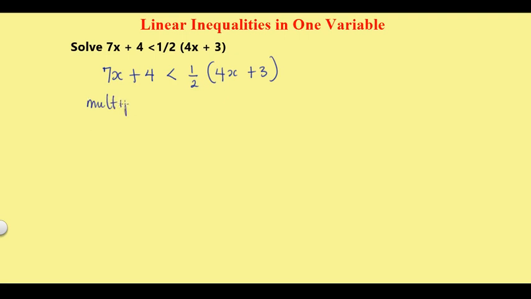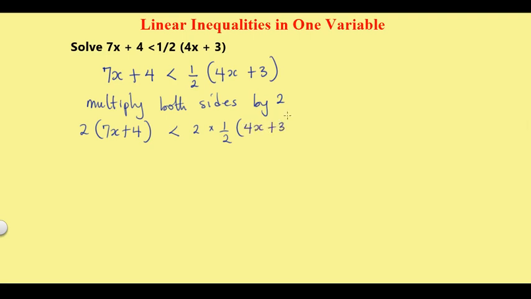Multiply both sides by 2. When we multiply both sides by 2, this side becomes 2 open bracket 7x plus 4 close bracket less than 2 multiplied by 1 over 2 open bracket 4x plus 3.